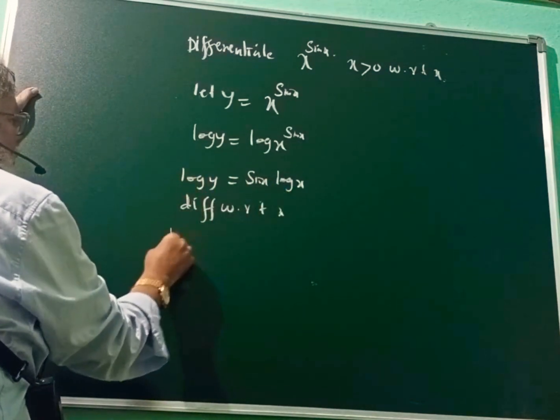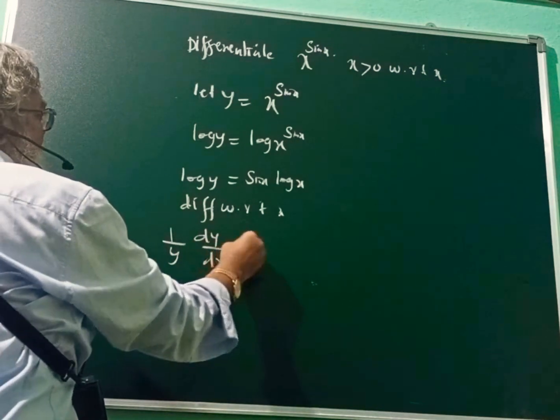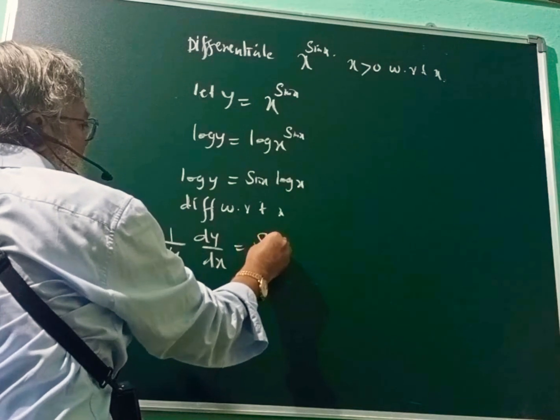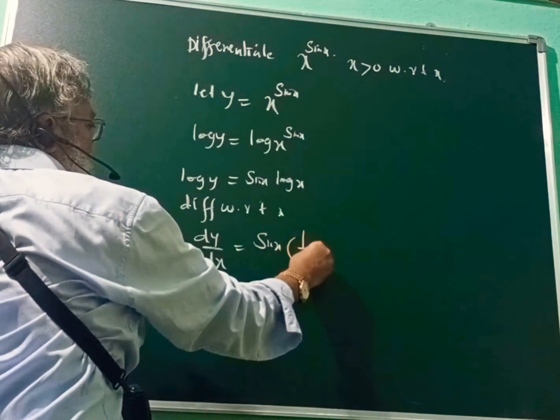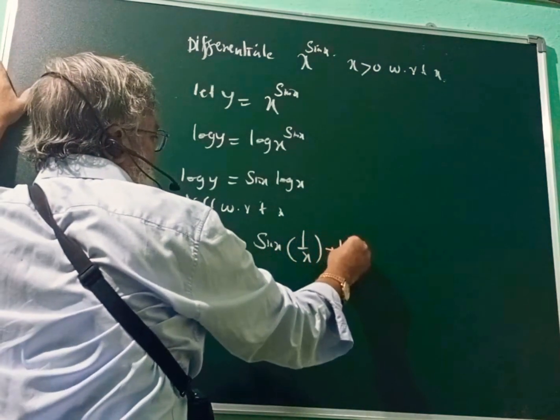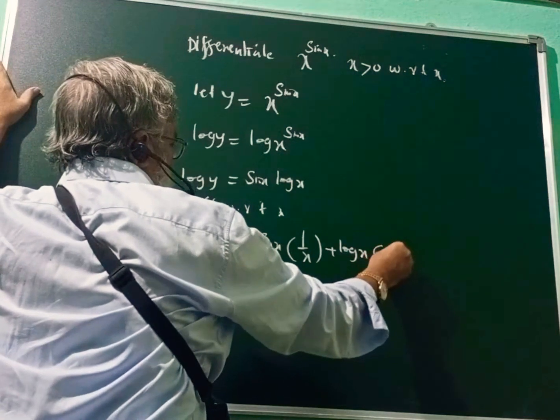Differentiation of log y is 1 by y, differentiation of y, dy by dx. Now here if you look, it is a product rule. First function as it is, differentiation of log x, that is 1 by x, plus log x as it is, differentiation of sin x, that is cos x.